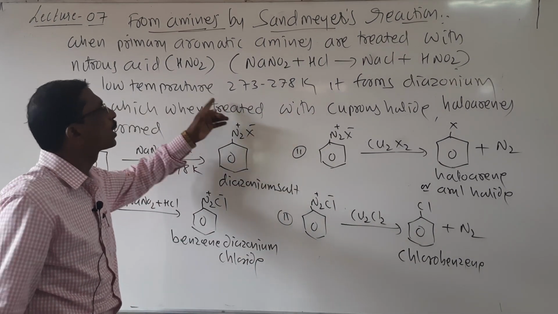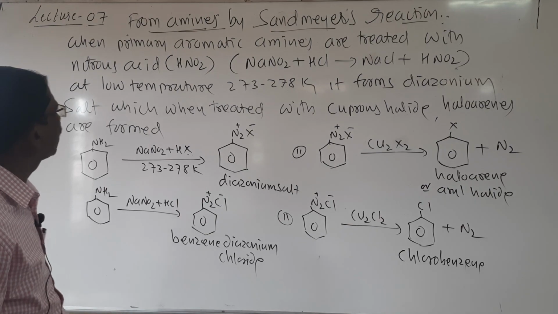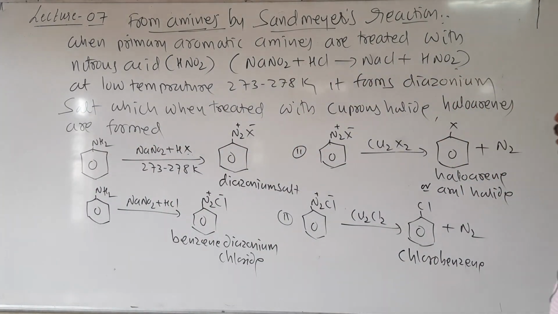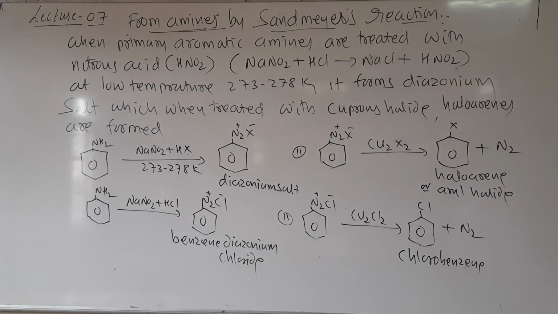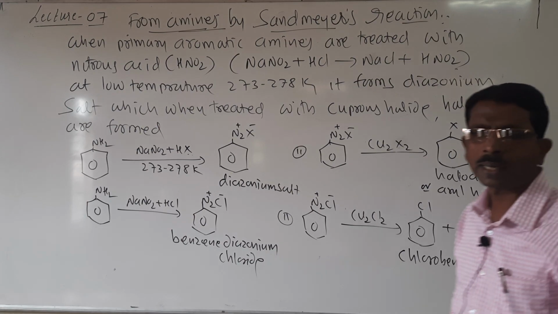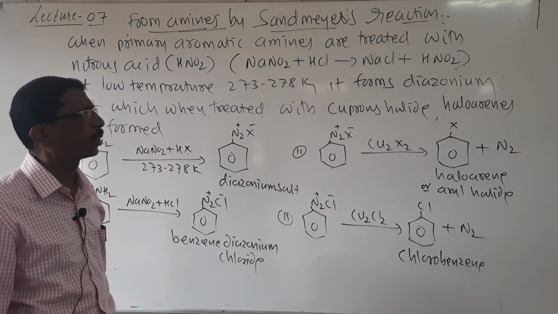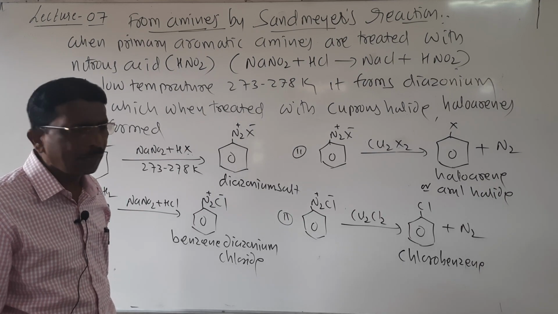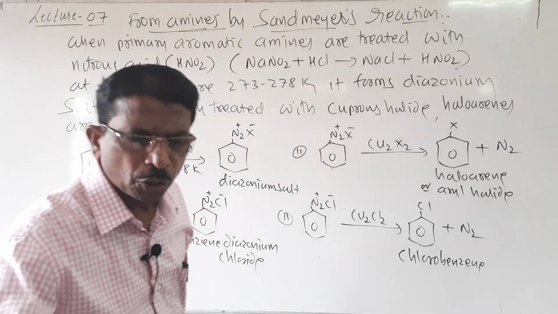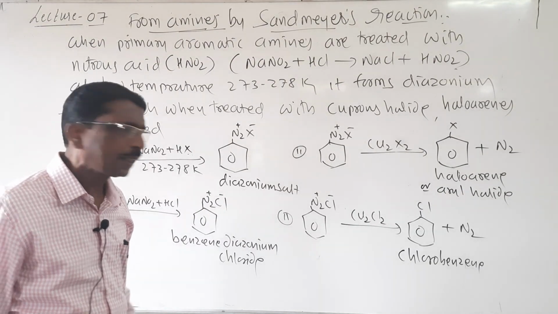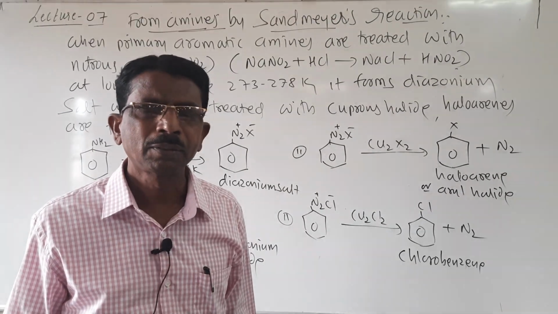So the statement you must write: when primary aromatic amines are treated with nitrous acid, which is obtained by treating NaNO2 and HCl, then at low temperature it forms diazonium salt, which when treated with cuprous halide, haloarenes or aryl halides are formed. So it is one of the most important reactions. And here you may also prepare iodobenzene, but it does not require cuprous halide.